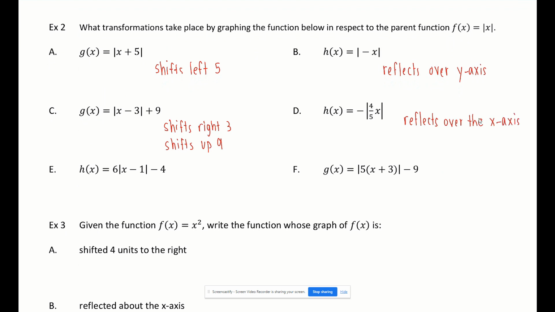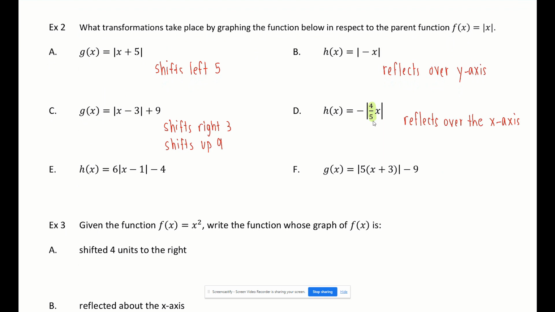But that's not all. Okay, here's the harder ones. I'm multiplying by 4/5. Where? Actually, before we say where, 4/5. Does this make it wider or does this make it more narrow? Well, remember, 4/5 is less than 1. It's going to get wider. Now, where are we multiplying? Inside. That's horizontal dilation.